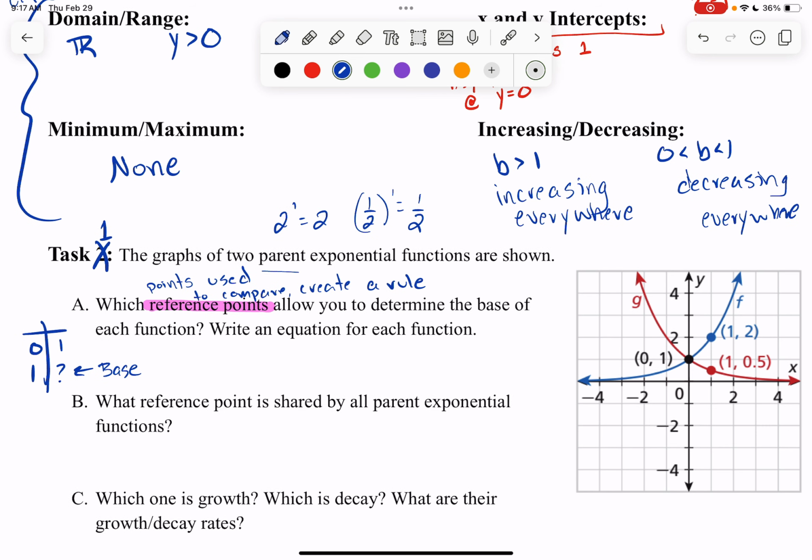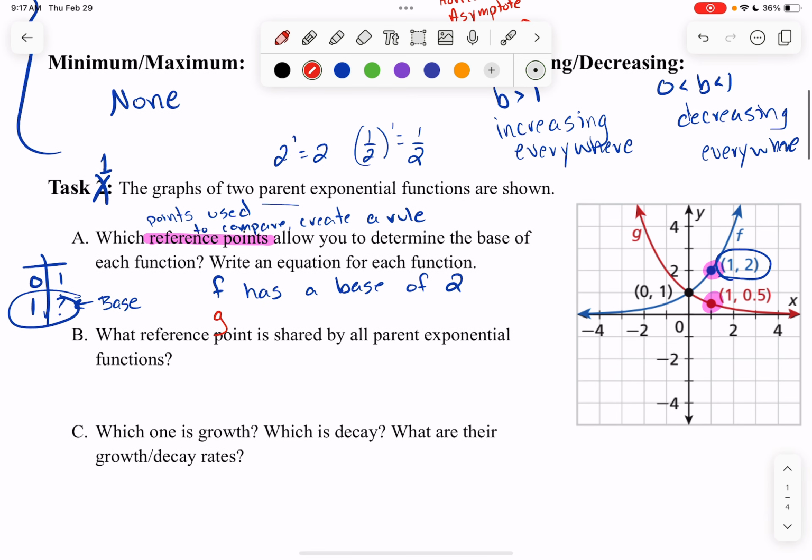The input of 1. This input of 1 tells me that the blue function, f, has a base of 2, because the point 1 gives me an output of 2. Whereas the red function g has a base of 0.5 or 1/2.